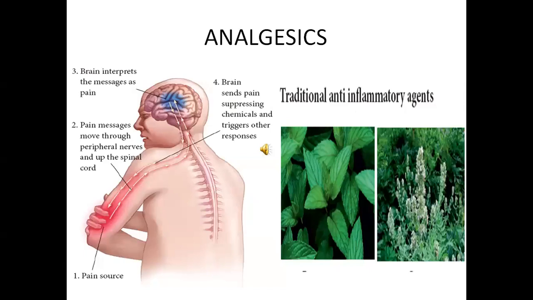Next, analgesics. Injury, burns, pressure from sharp objects, and other conditions cause pain in our body. The unpleasant feeling may be a burning sensation in the tissue around the injury, a throbbing headache, or an ache.